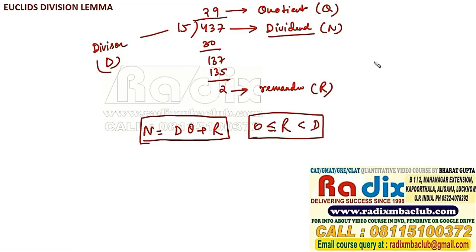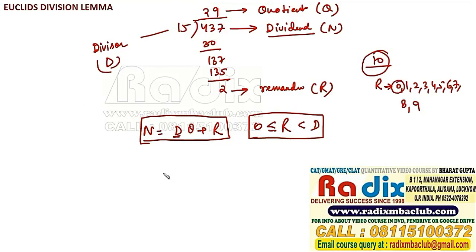Say if we divide a number by 10, then the remainder could be 0, 1, 2, 3, 4, 5, 6, 7, 8 or 9, right? If we divide a certain number by 10, then the remainder is always less than 10 and greater than or equal to 0. So all the numbers from 0 to 9 can be the remainder, and when the remainder is 0, this divisor is known as a factor, right?